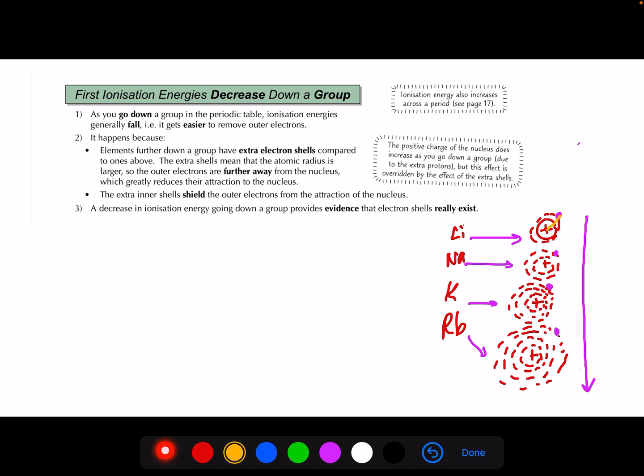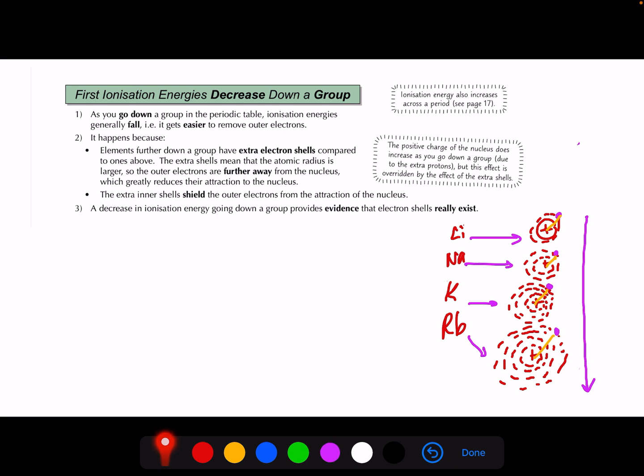It is this distance. The atomic radius is definitely more since we have more shells. That means there is also more shielding, right? Shielding is the amount of electron shells between the nucleus and the electrons in the outer shell. Definitely more shielding, and the distance is more between the nucleus and the electron in the outer shell.